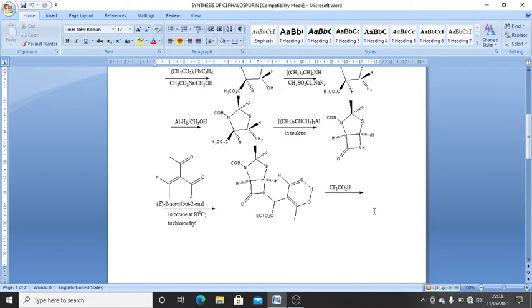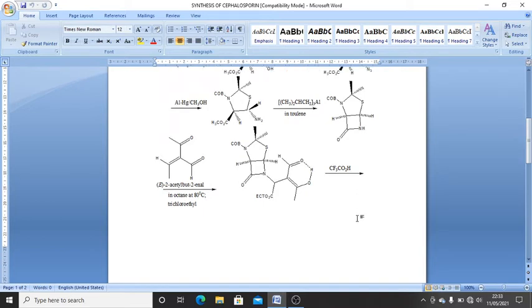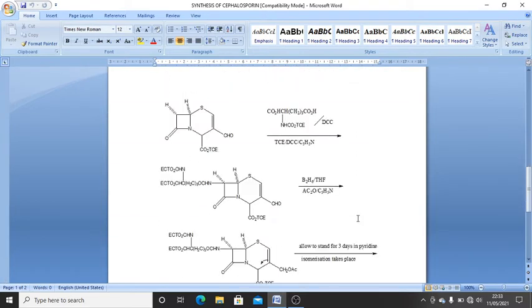This adduct in the presence of trifluoroacetic acid is going to give me a 4-carbonyl oxytrichloroethyl 5-aldehyde 8-keto 7-amino cephalosporic acid.